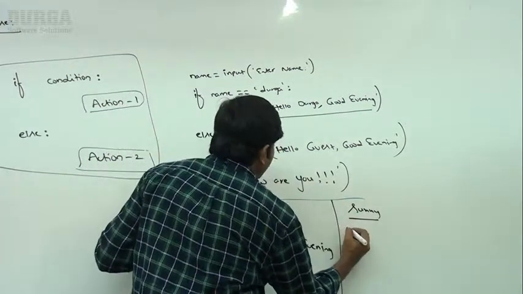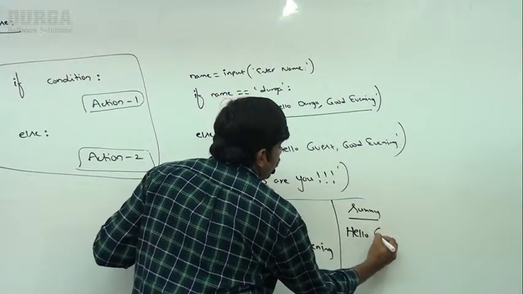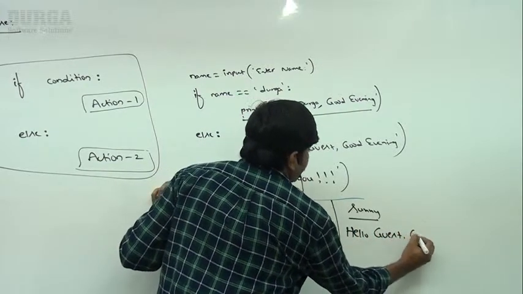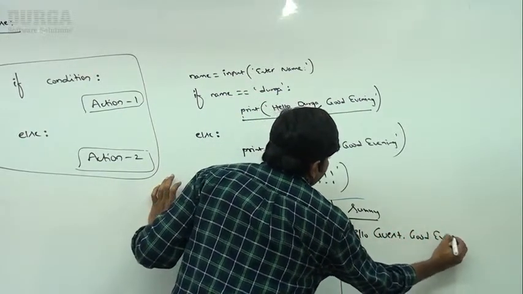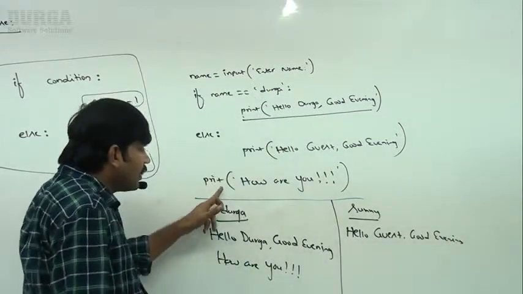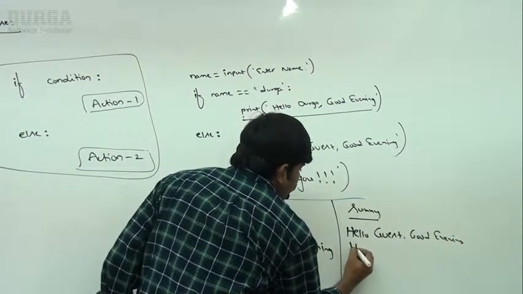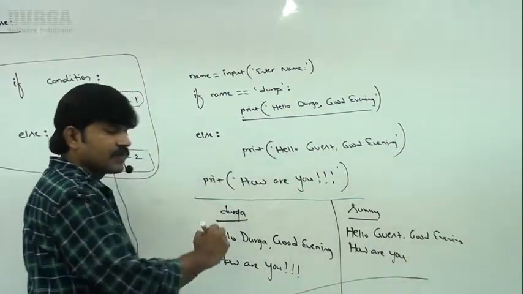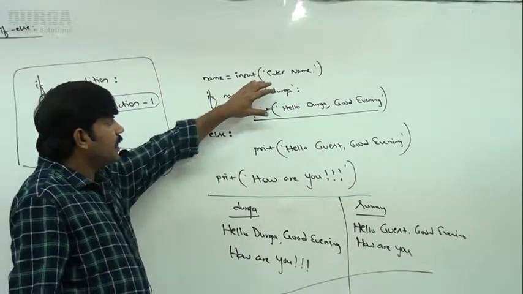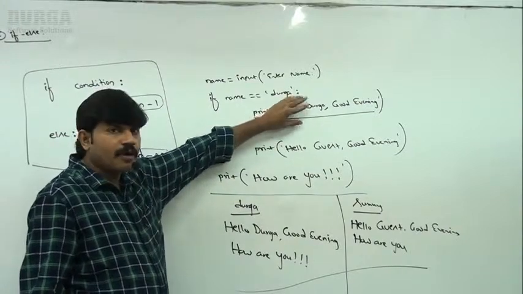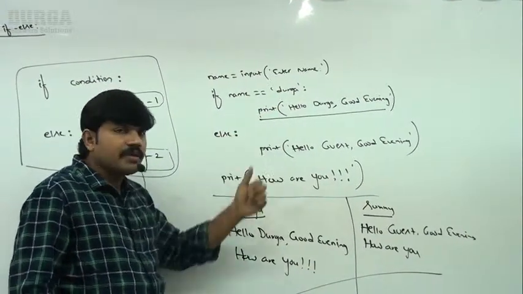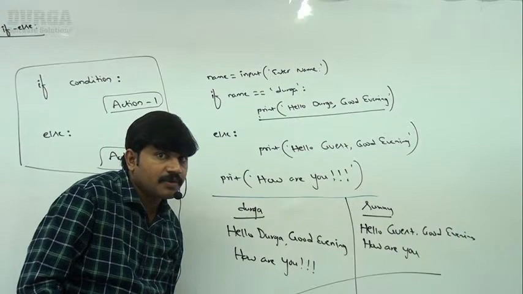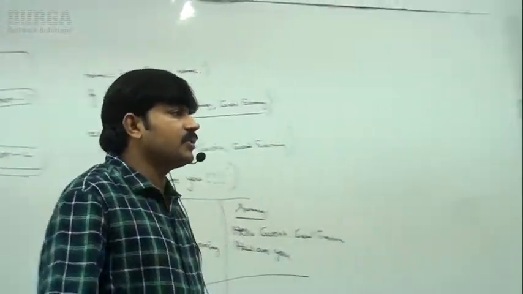Here: hello guest, good evening. And then, how are you? Perfect. So if the condition is satisfied, execute the if part. If the condition fails, execute the else part. This syntax is nothing but if else. Let me execute this code.